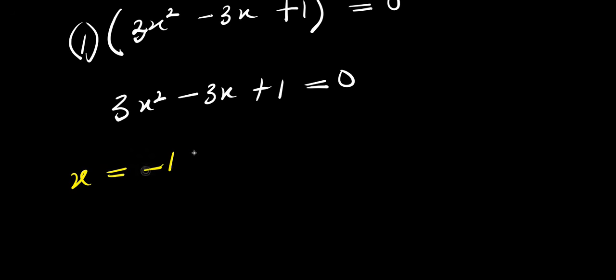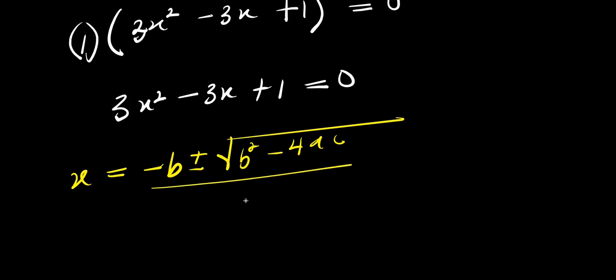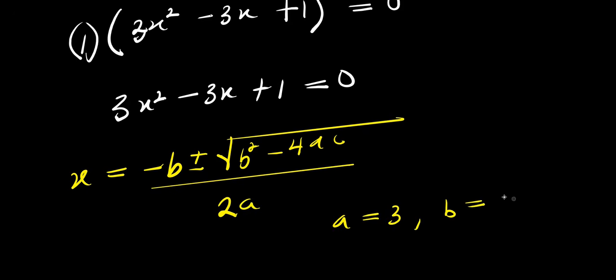x equals negative b plus or minus the square root of b squared minus 4ac, divided by 2a. Here a is 3, b is negative 3, and c is 1.